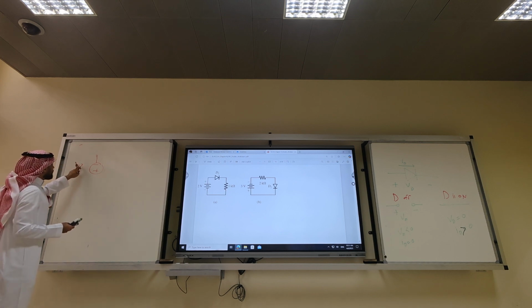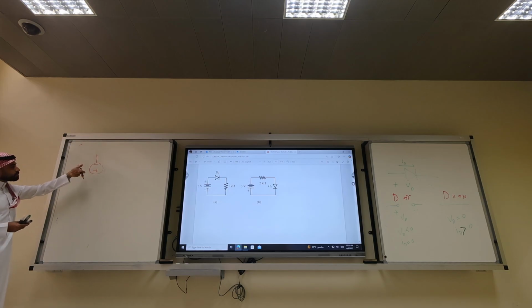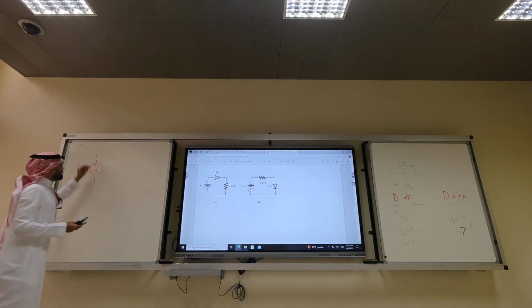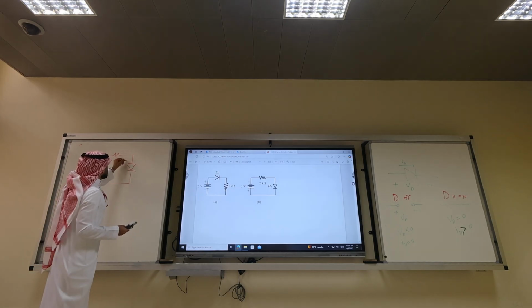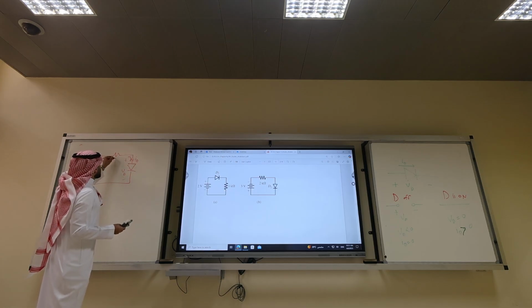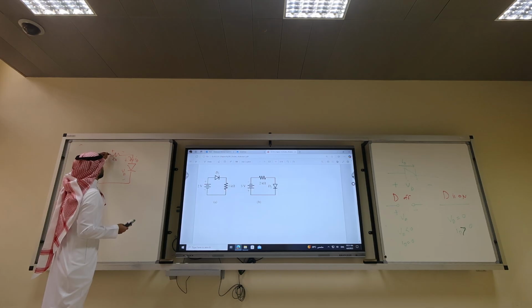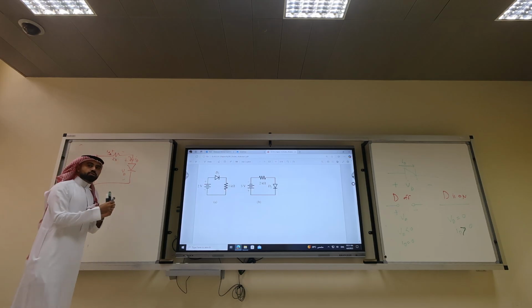So here I'm saying +3 because the polarity is like this. You can replace it with a battery upside down with a voltage of -3. And we have a resistor, and we have the diode, with VD, ID, and 2K. So what do you think the assumption we should use?